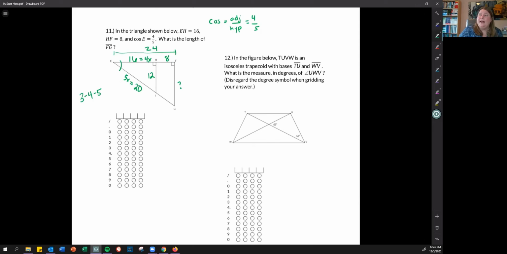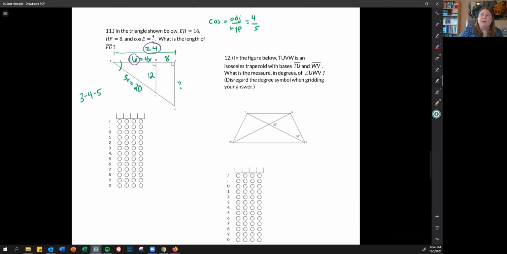Now I just have to figure out the FG. That's the final question. Well, I can now compare the 16 to the 24. We've got a tip of the triangle number and the whole triangle number. Don't use that 8. We used 8 to figure out 24.